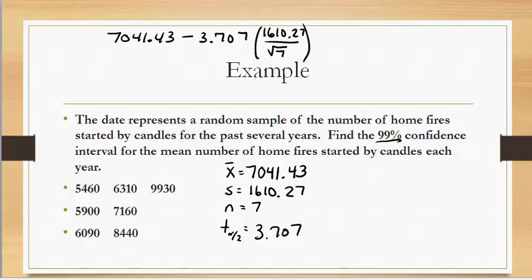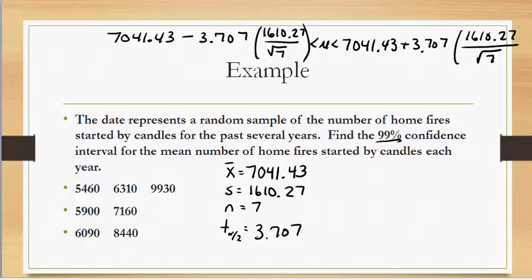And we do exactly the same calculation on the other side, except that we put a plus instead of a minus. And then at that point, we are ready to plug into our calculator.